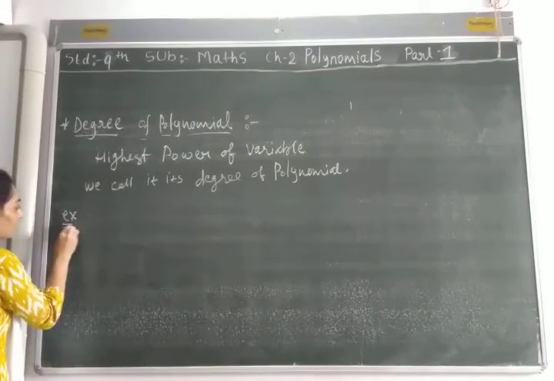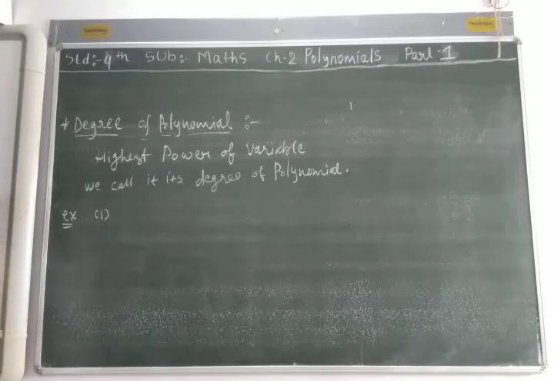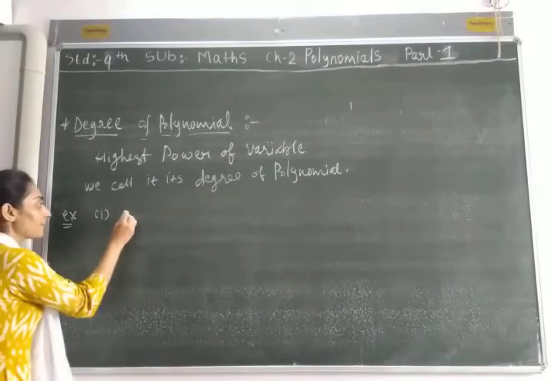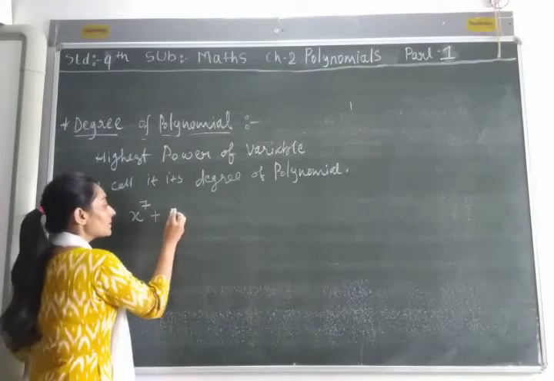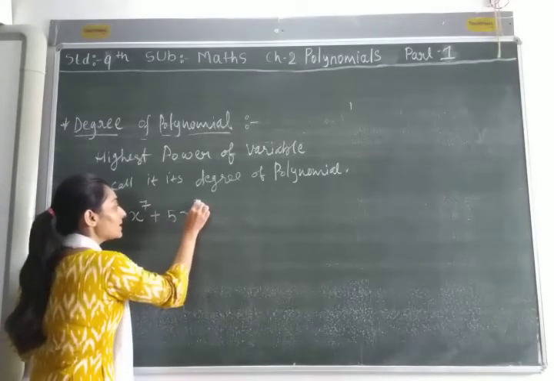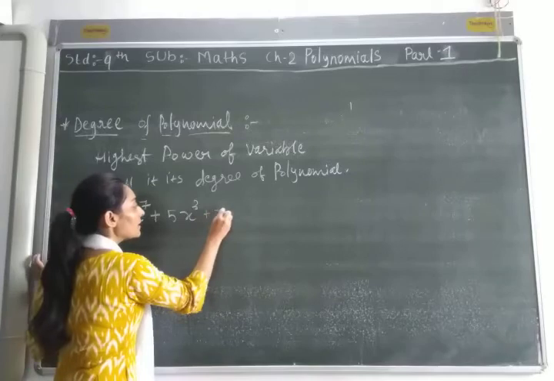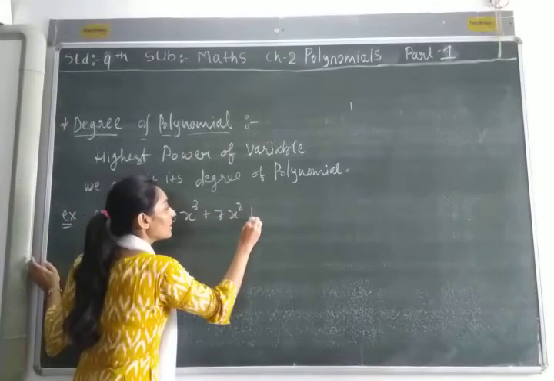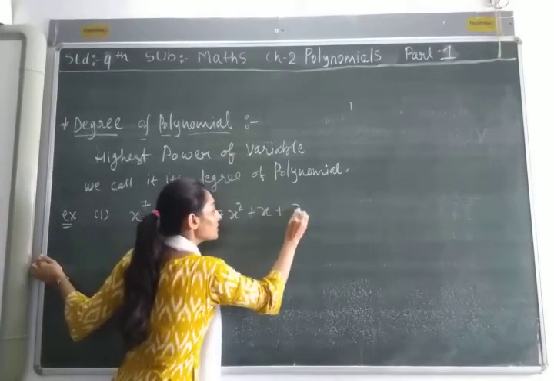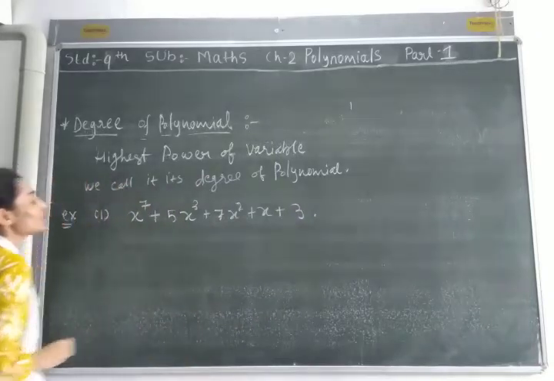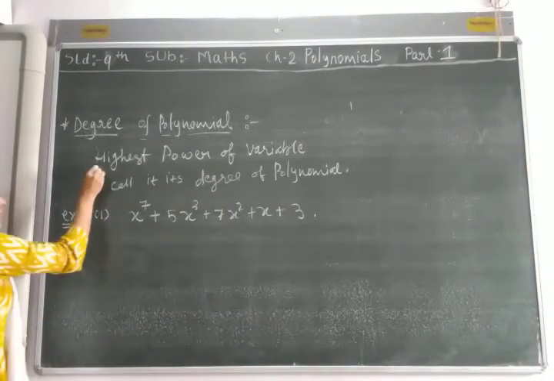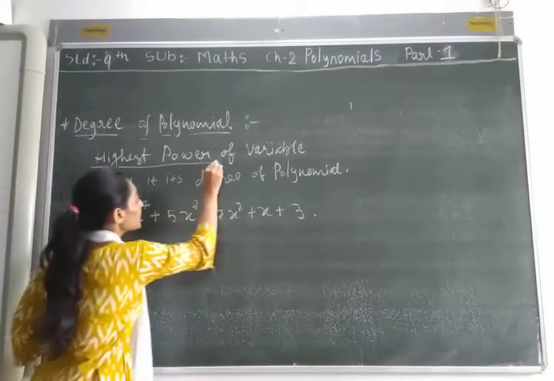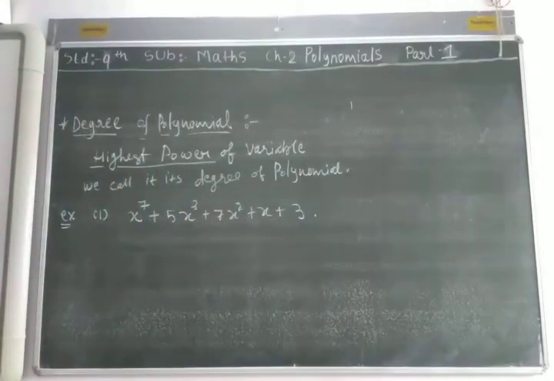For example, say x to the power 7 plus 5x cube plus 7x square plus x plus 3. This is my expression. The definition says the highest power of the variable.